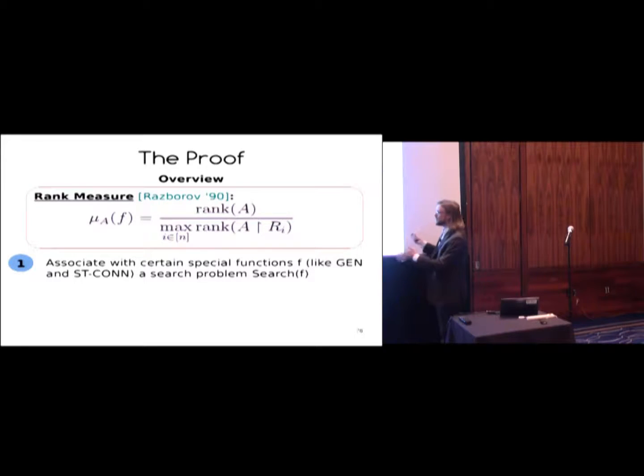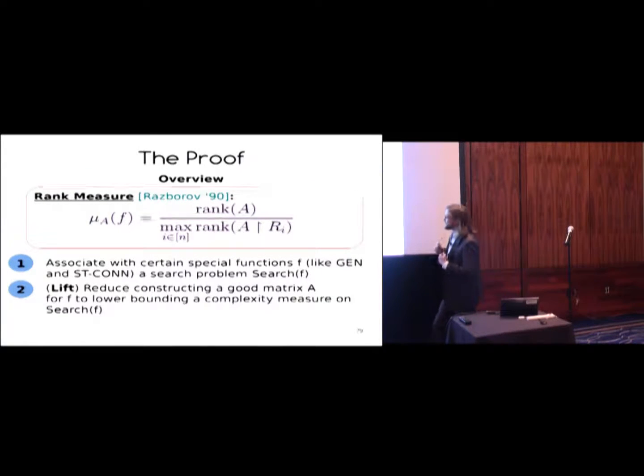Don't worry about how to do this. This is well known in the literature. For people in the know, for Gen, we get pebbling-like problems, and for ST connectivity, we get problems like the fork game, things like that. And now, what we're going to do is reduce constructing the matrix A to just lower bounding a complexity measure on this search problem instead.